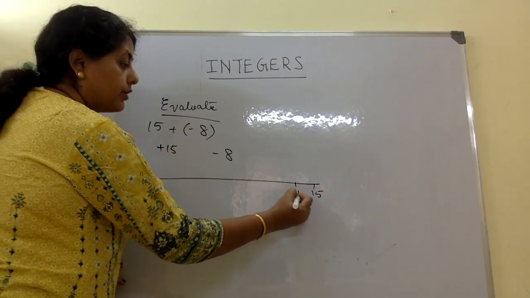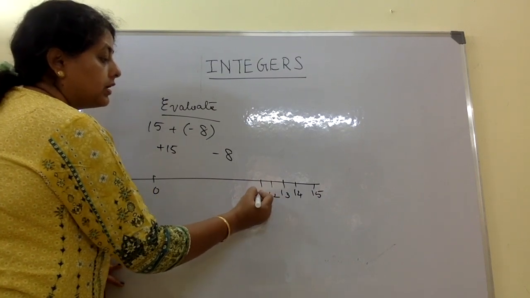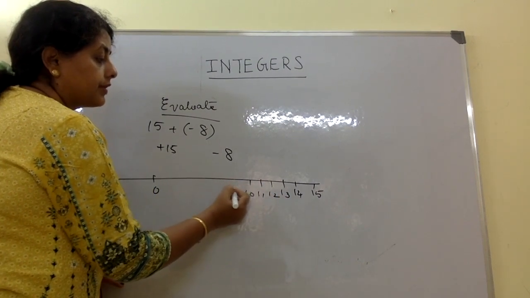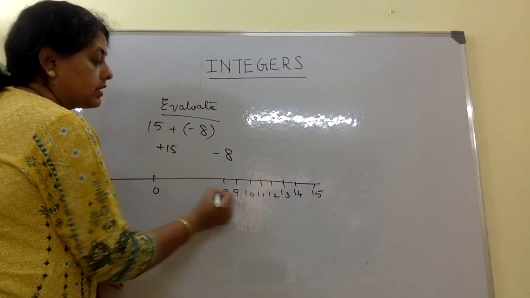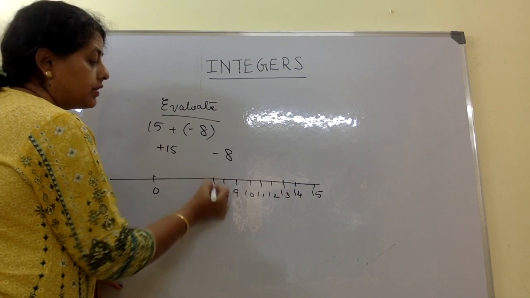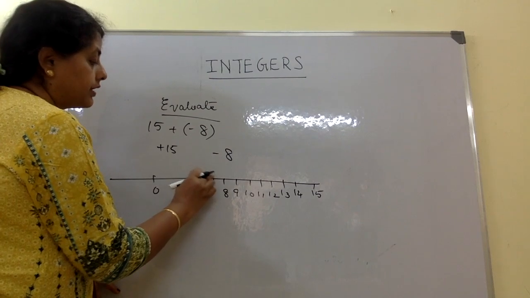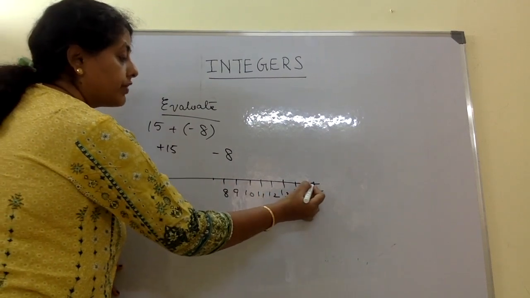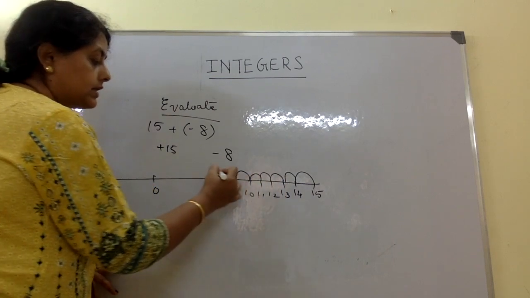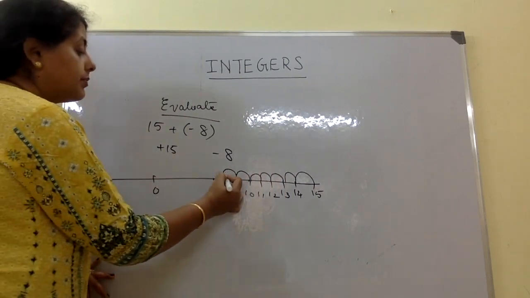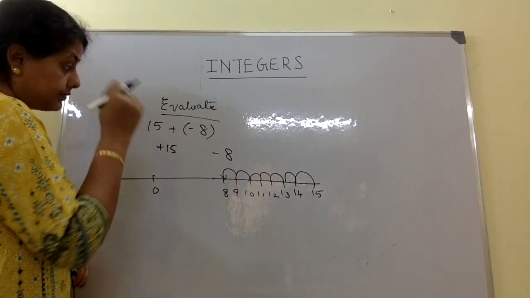One place 14, another place 13, another place 12, 3 over, 11, 4 over, 10, 5 over, 9, 6 over, 8, 7 over. So we came back 1, 2, 3, 4, 5, 6 and 7 places and we have reached 8.